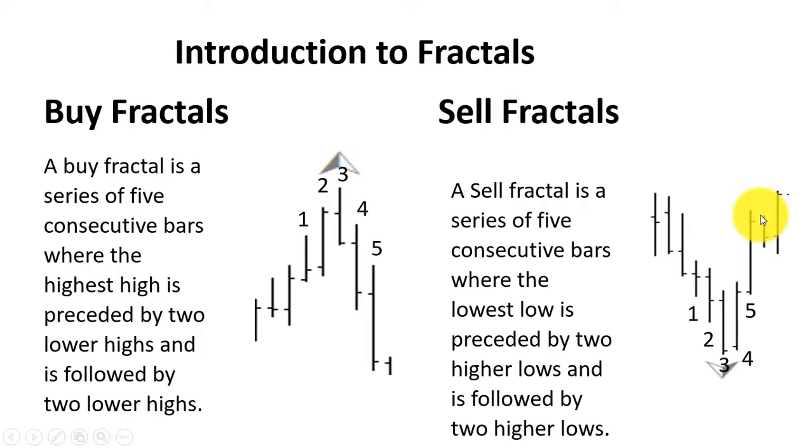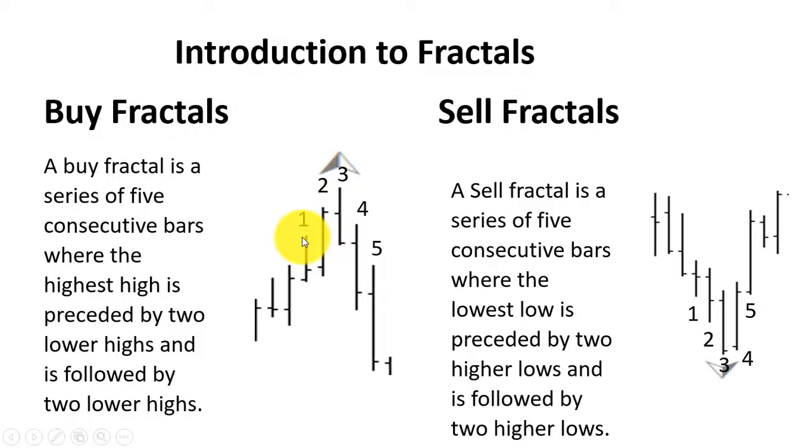So the rules are as follows. You have the buy fractal and the sell fractal. A buy fractal is a series of 5 consecutive bars where the highest high is preceded by 2 lower highs and is followed by 2 lower highs. It is easier to describe it with a picture.